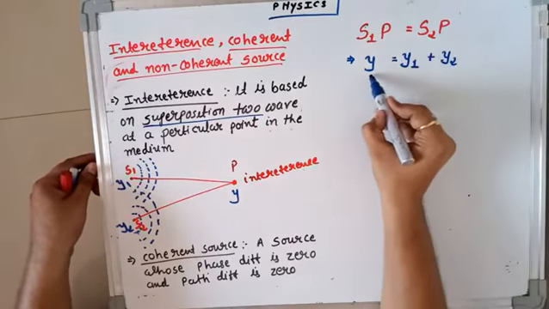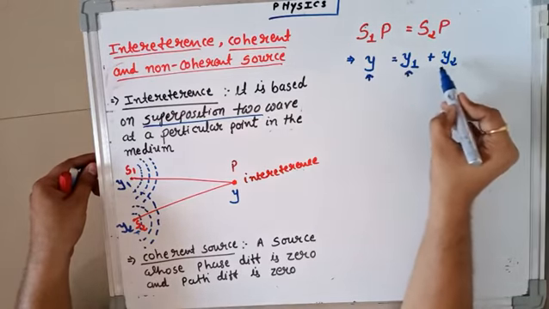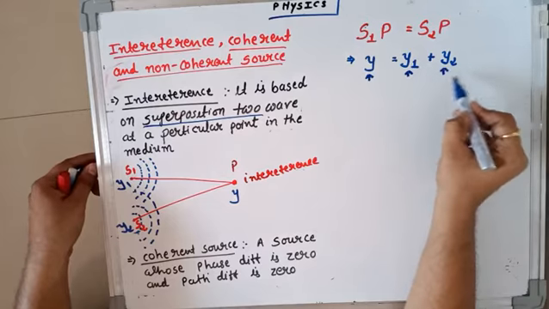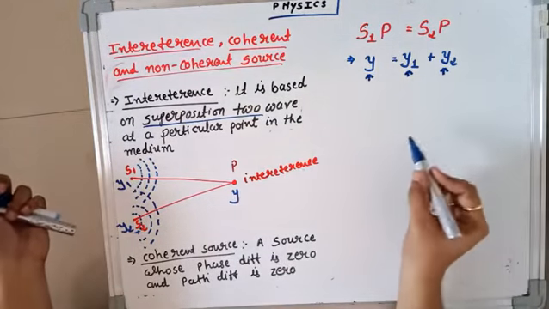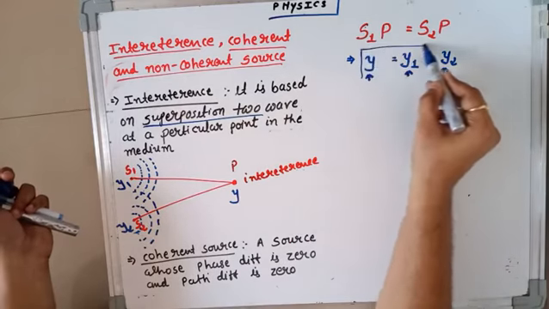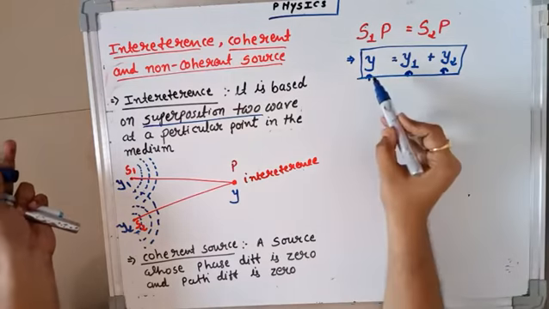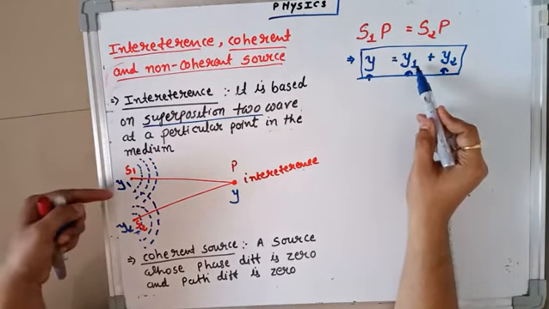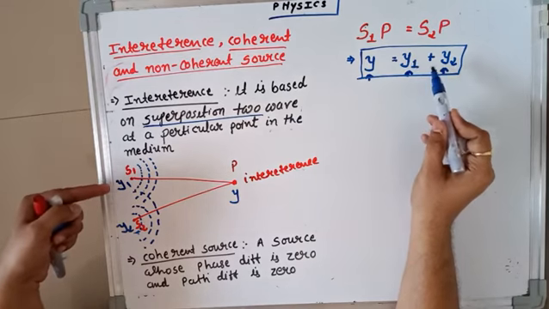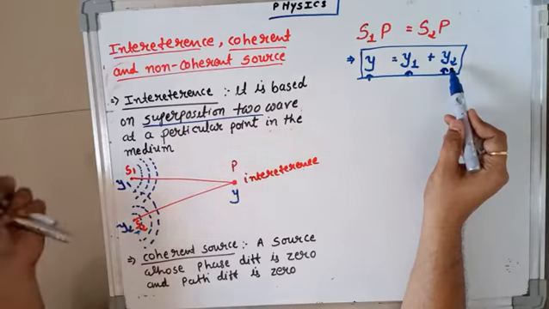The resultant displacement is the sum of the two individual displacements. Y is the final displacement, y1 is the displacement of source S1, and y2 is the displacement of source S2.